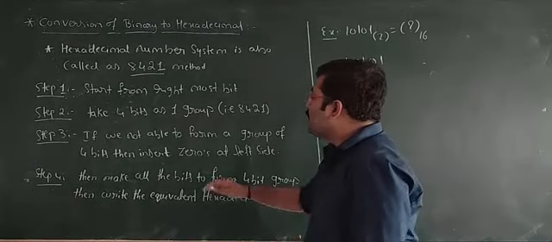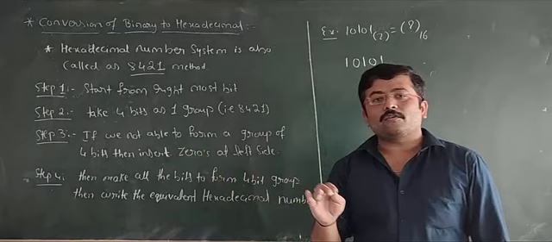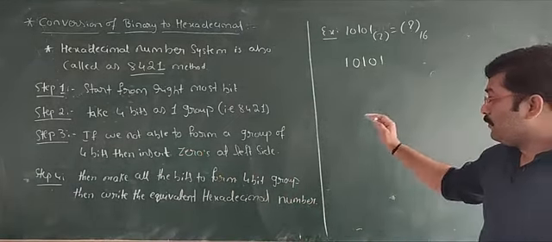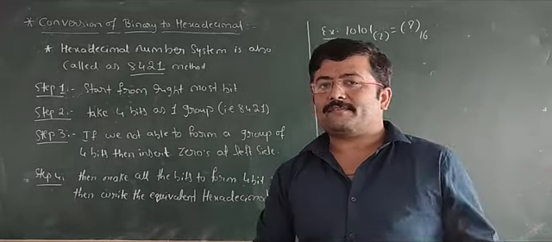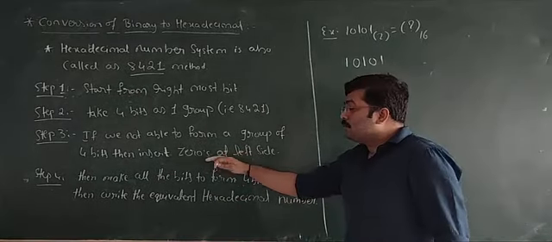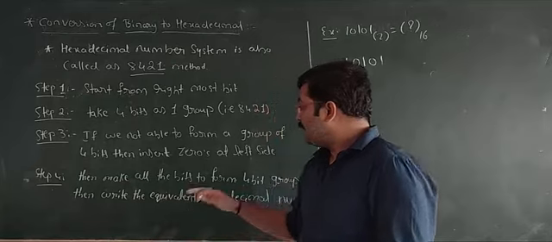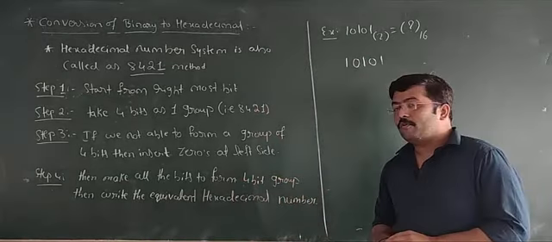In the same manner in hexadecimal, if we cannot form a group of 4 bits, then we insert zeros at the left side. Fine. Then step 4 is to make all the bits form 4-bit groups.